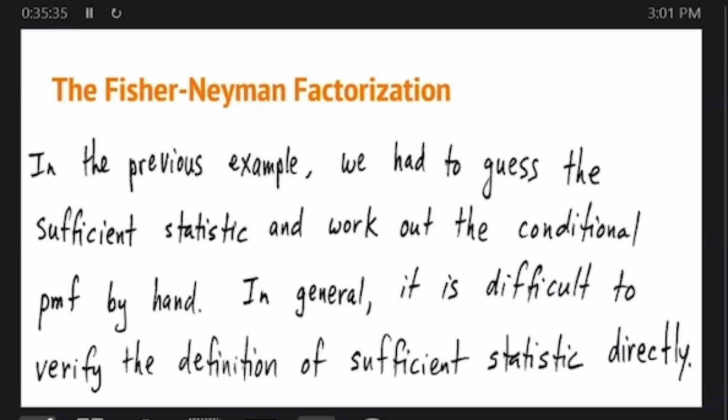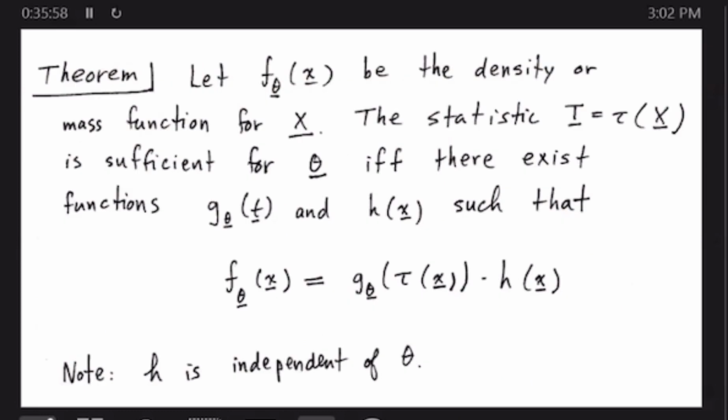If they can do that, then they have already attained sufficiency. That is an easy way, which I'm going to show you right now. That is why I said that, in general, it is difficult to verify the definition of sufficient statistic directly.